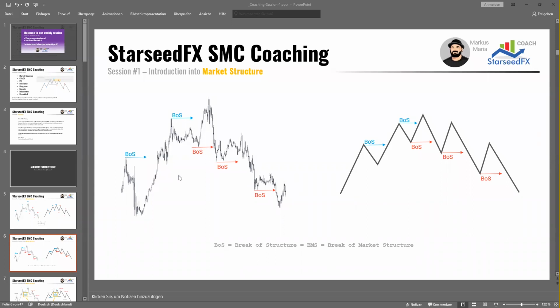When I talk about the BOS, I mean a break of swing structure, because this for me is a swing, and then you have a break of structure. And of course, this is a very rough drawing. There's a lot more to it, and we will also talk about it.